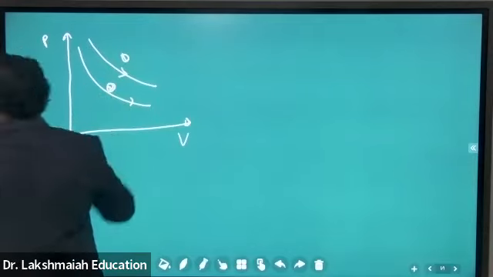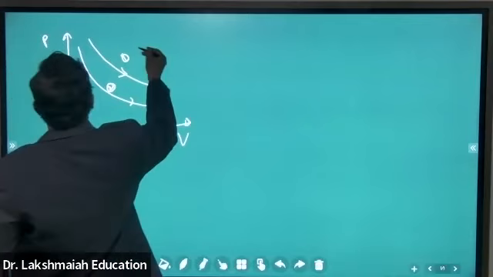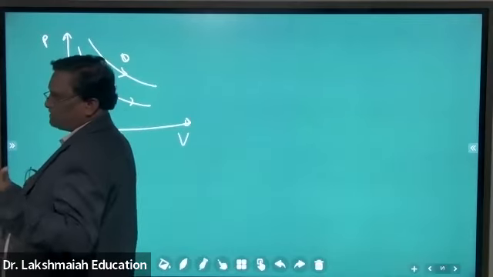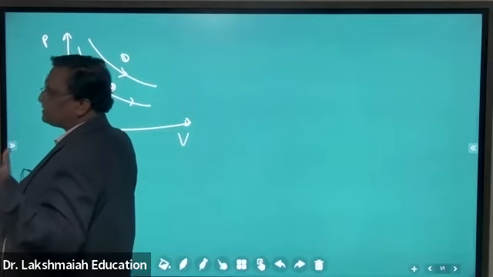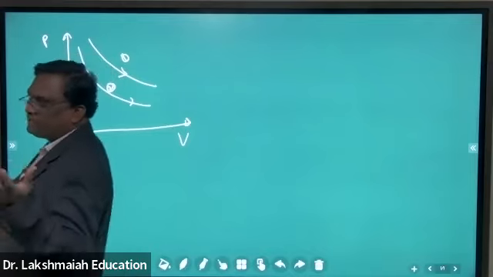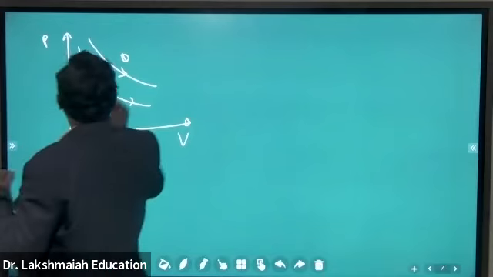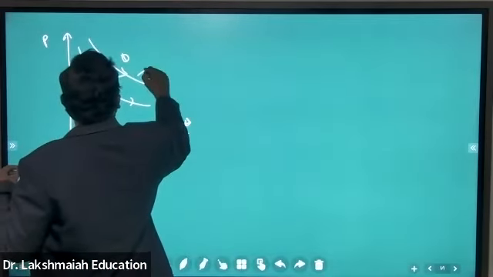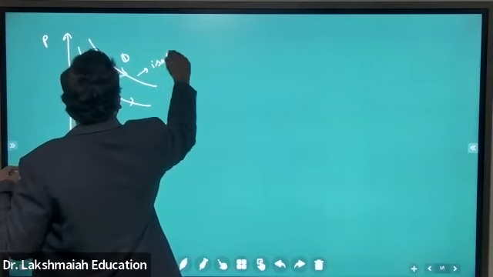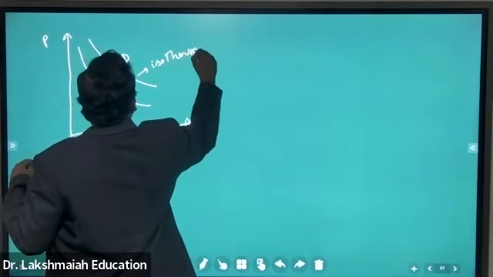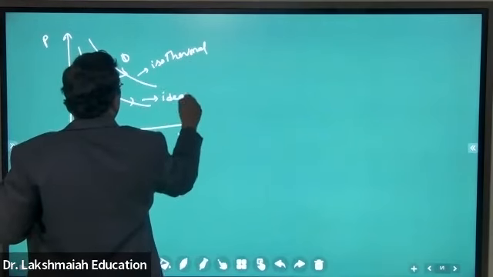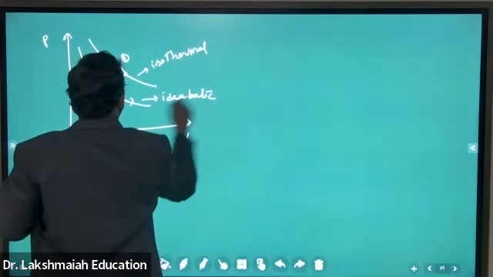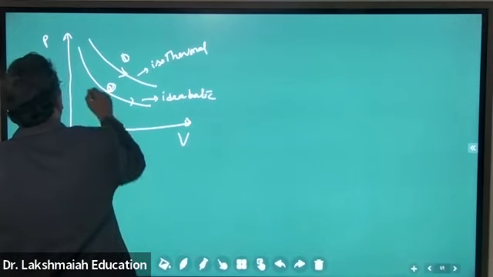If they give the graph like this, in isothermal process it takes more energy, because there is exchange of heat between system and surroundings. So out of these two, the first one is the isothermal and the second one is the adiabatic.